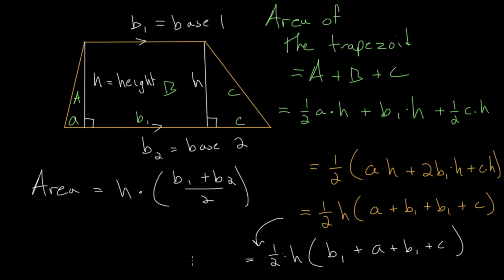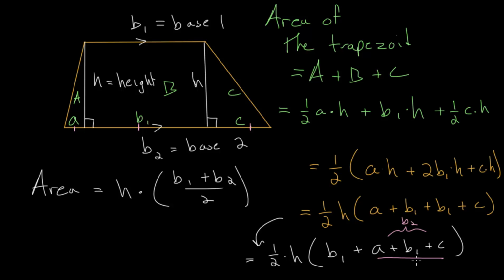And the reason we pulled one of the b1s out is now we can notice this sum right here is b2. Since when we split up this shape into 3 smaller shapes, we split up the second base into these 3 pieces. Piece A, piece B1, and piece C. But if we added them all back together, they are just equal to B2.